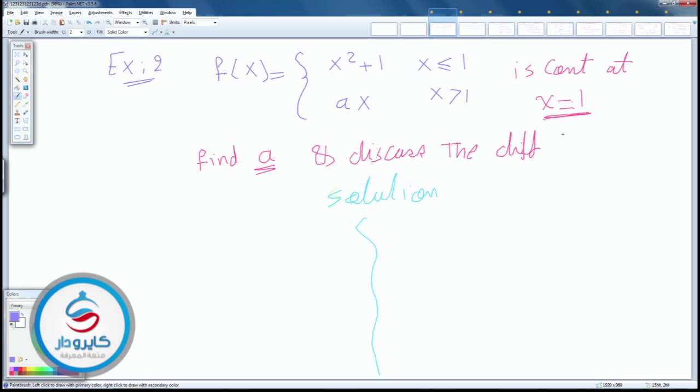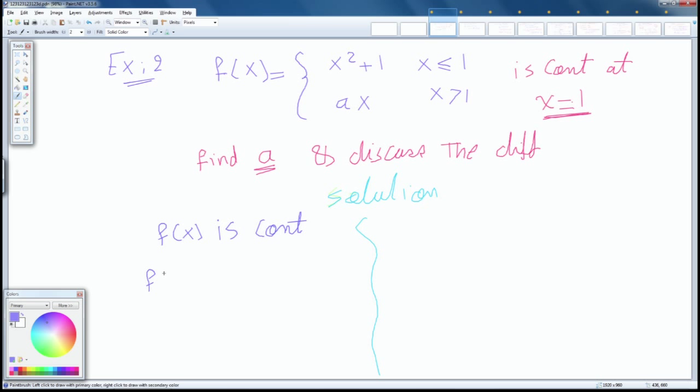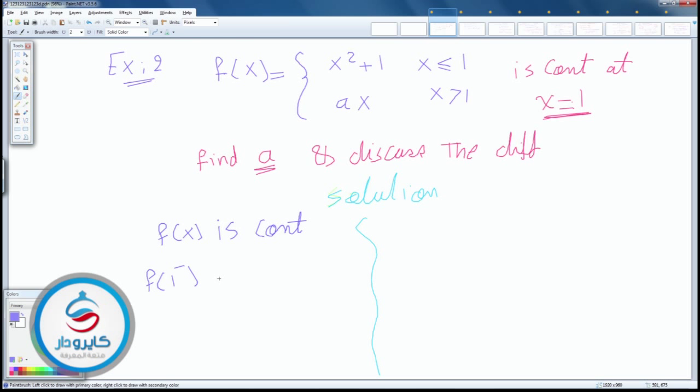هو قايل ان هي continuous. f of x is continuous. معنى كده ان ال f of 1 من negative او from the left equal f of 1 بالpositive or from the right. معنى كده ان انا عندي 1 power 2 plus 1 equals a times 1.